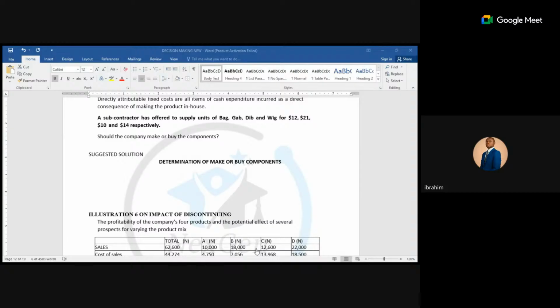Just like Coca-Cola. Coca-Cola continues to exist even after so many companies have come to copy it. So you must not outsource your key components.